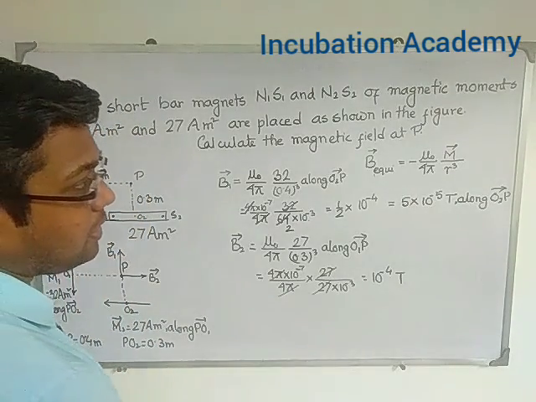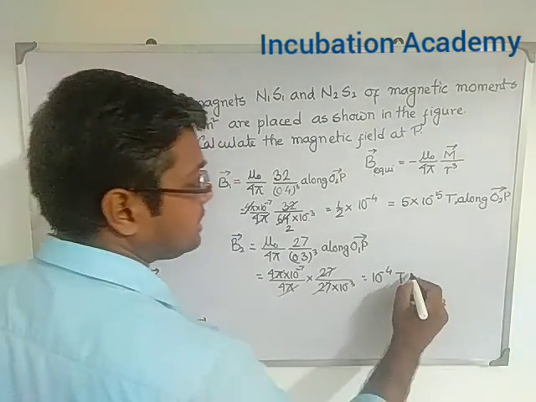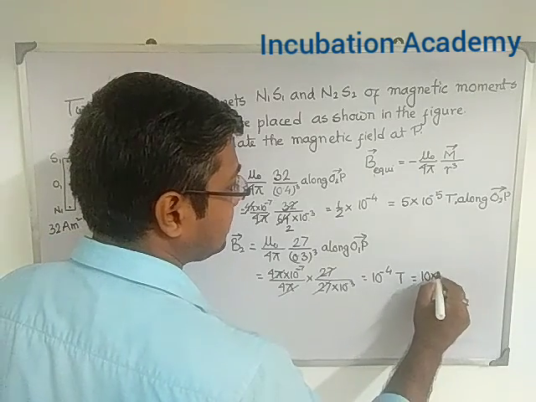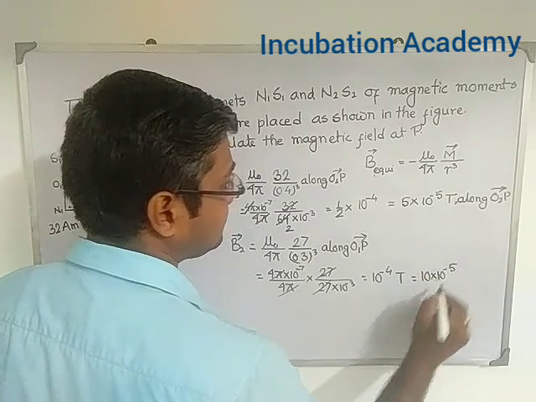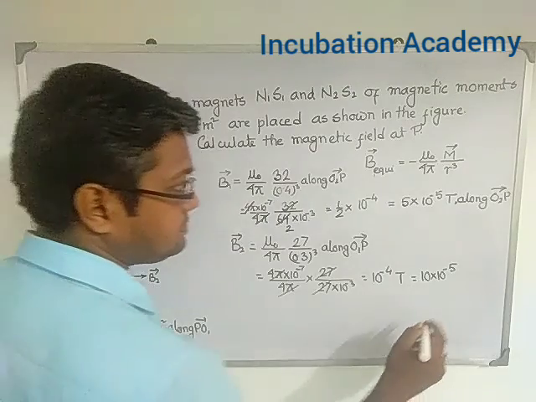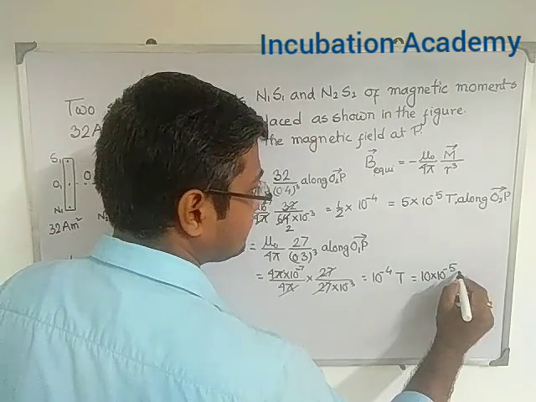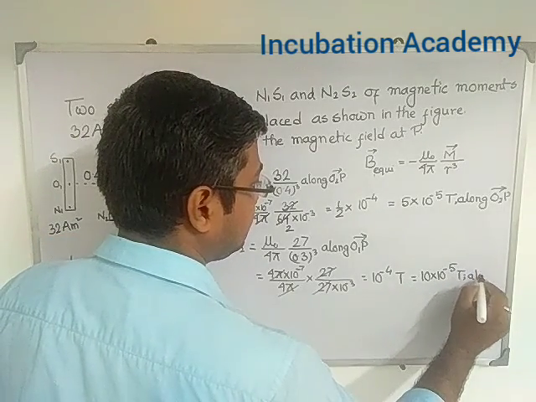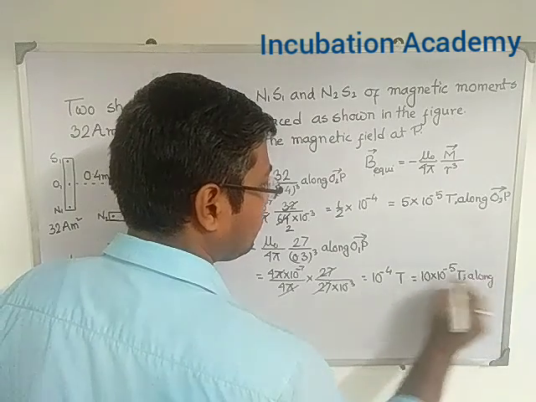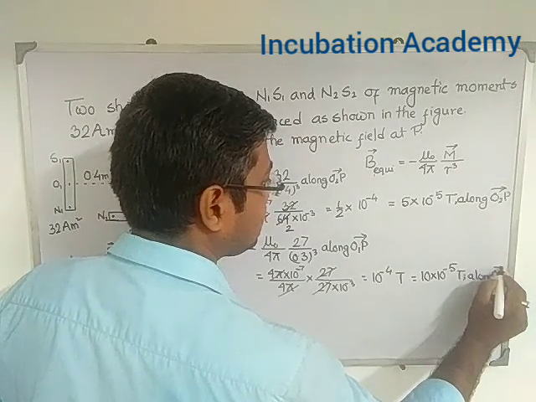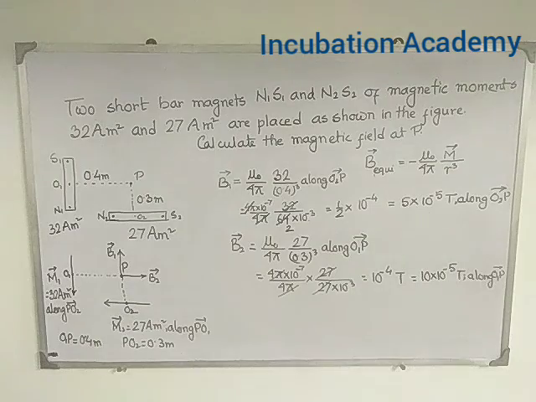I can also write it as 10 into 10 to the power minus 5 Tesla along O1P. So this is B2.